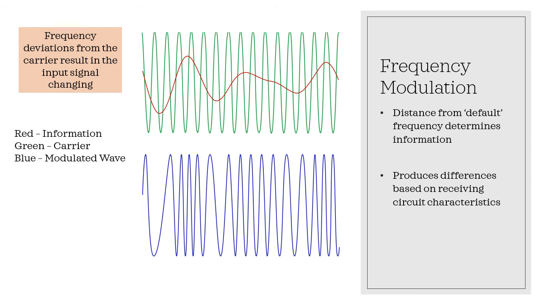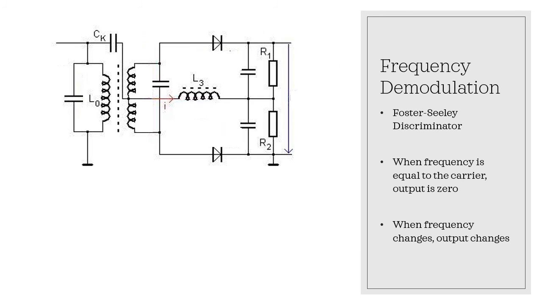And this can be decoded in many, many ways. And you can have it such that it only gets increases, or only gets decreases in our information signal. Lots of different things to do. It depends on what circuit you're using to decode it. And the circuit we're going to look at is the Foster-Seeley discriminator.